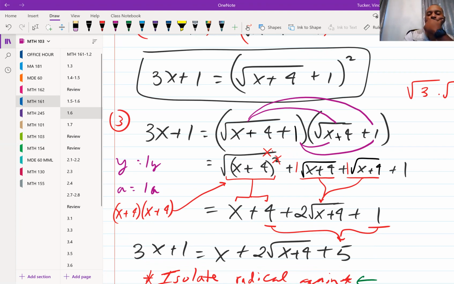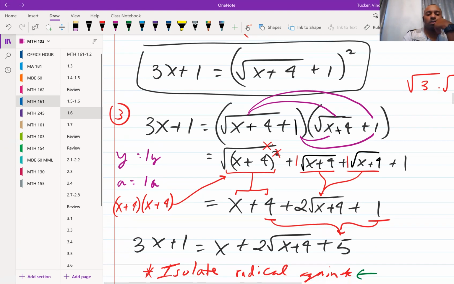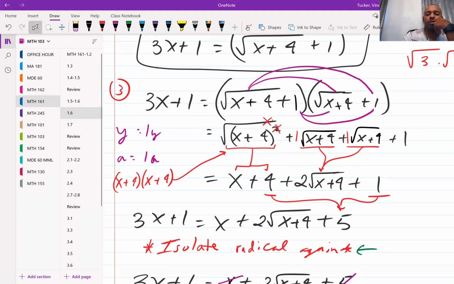All right. So step 3 tells us that if a radical still exists, and we see that it does right here, then we need to isolate the radical again.